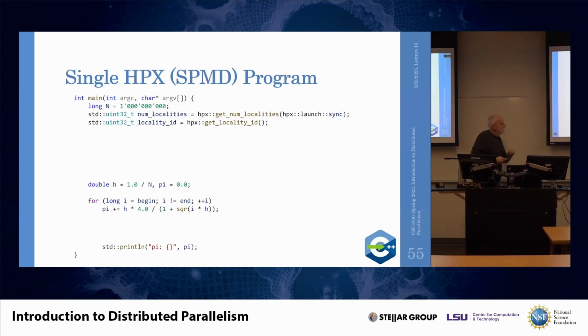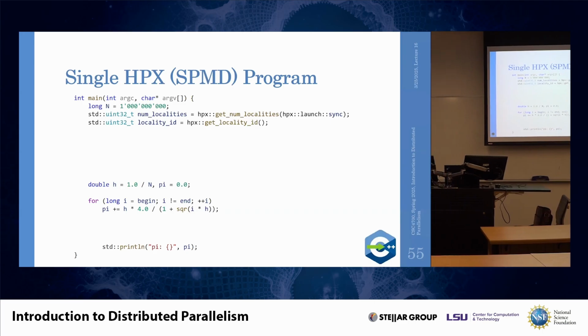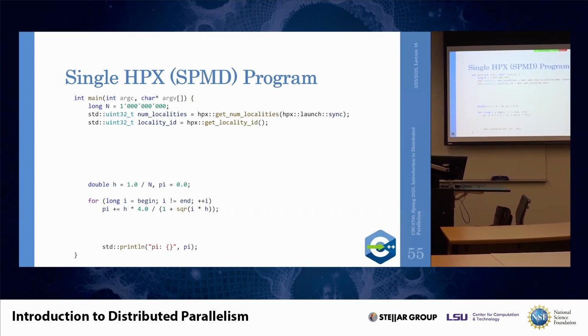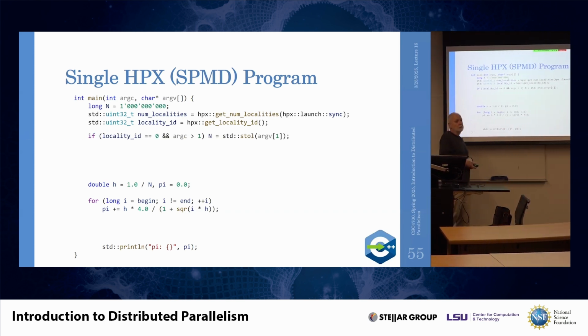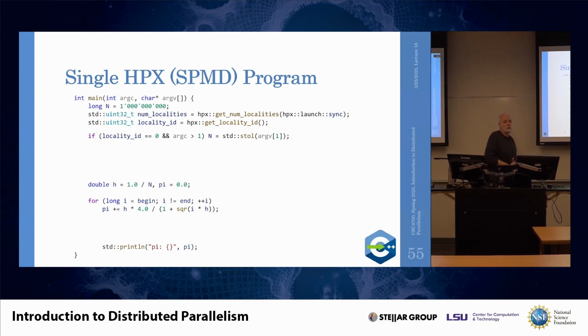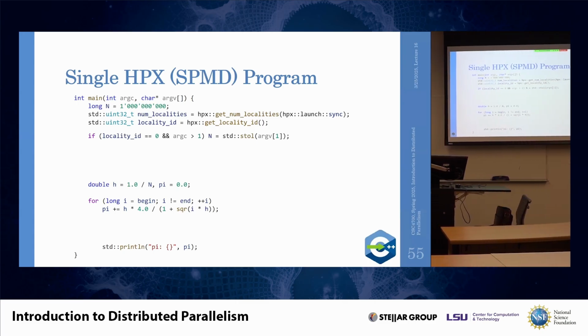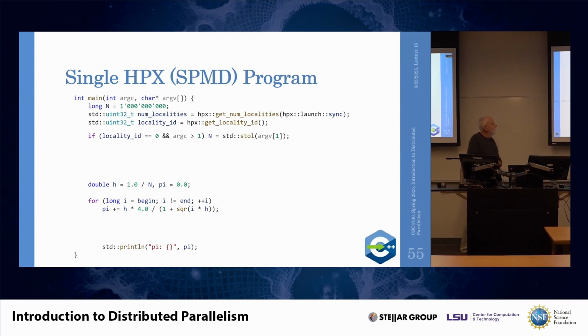And there is a function which tells you my p, get_locality_id, which is exactly what we want. So if the locality is 0, we get it from the command line, and only there, because we know that only locality 0 will receive it on the command line. The rest will not get it.